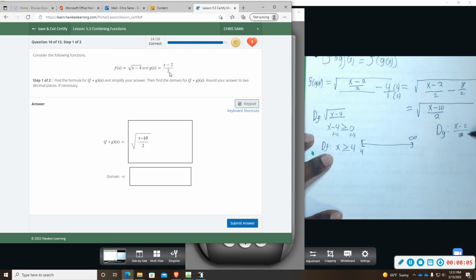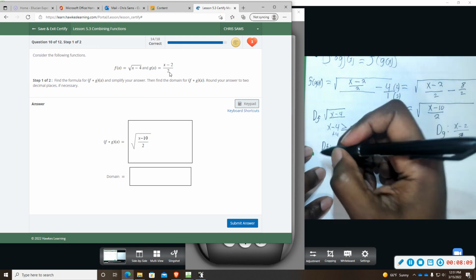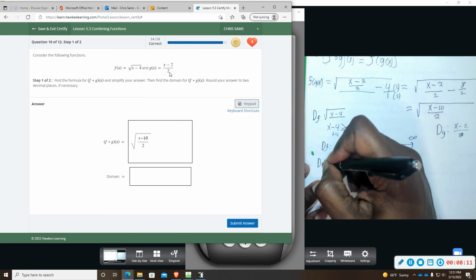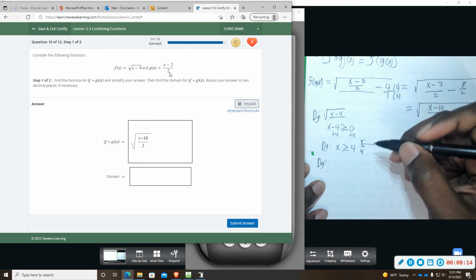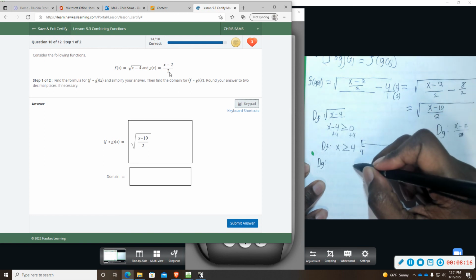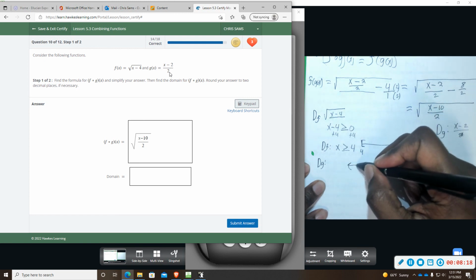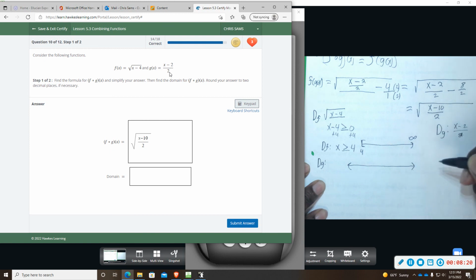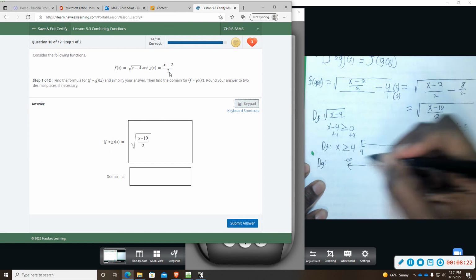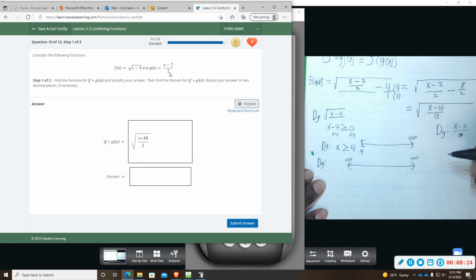We've got a fraction but no variable, we don't have a root, and we don't have a logarithm. So the domain of g is all real numbers. If I did a whole number line, it would be the whole thing from negative infinity to positive infinity.